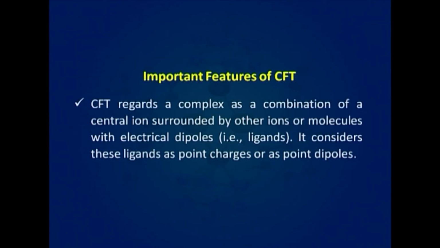CFT regards a complex as a combination of a central ion surrounded by other ions or molecules with electrical dipoles, that is, ligands. It considers these ligands as point charges or as point dipoles.